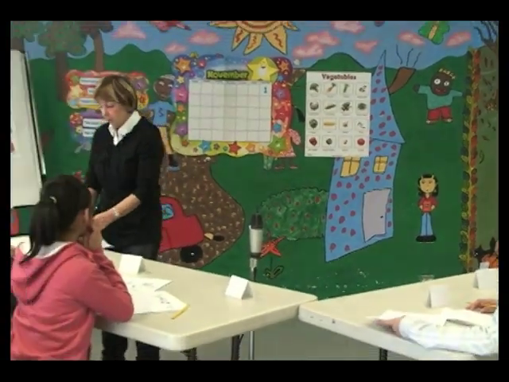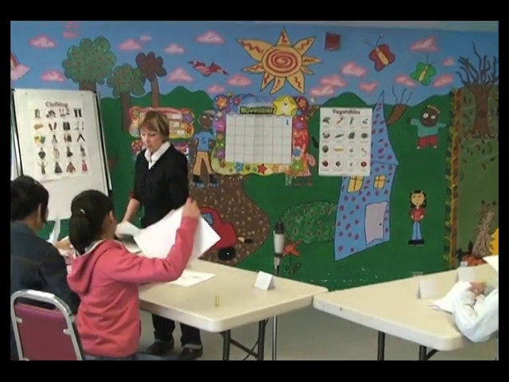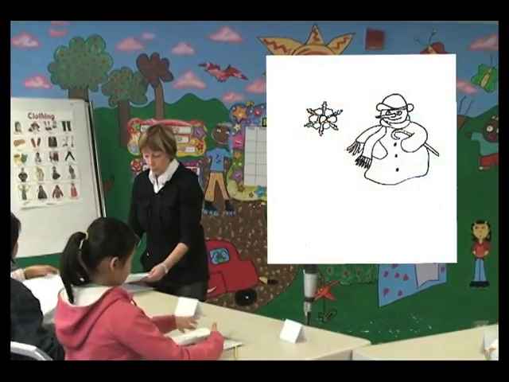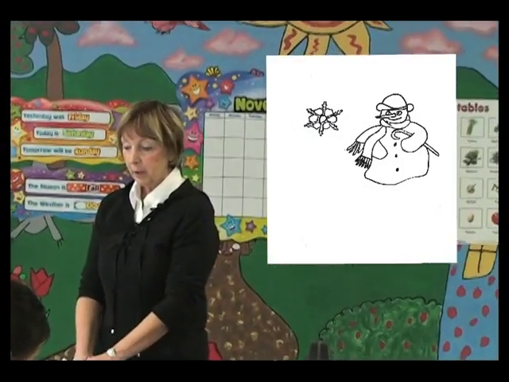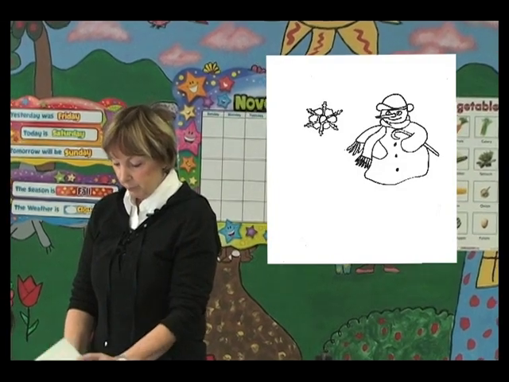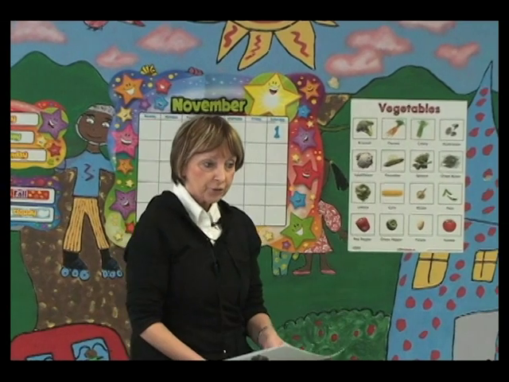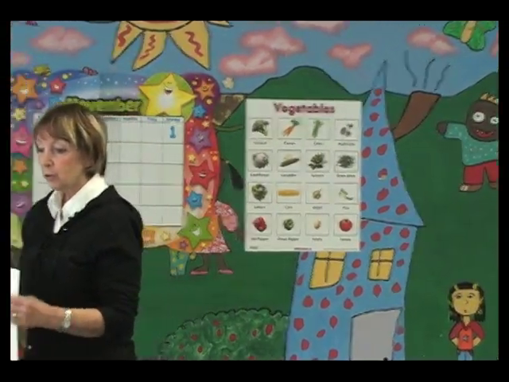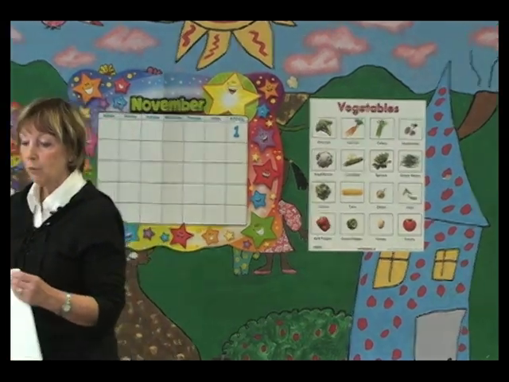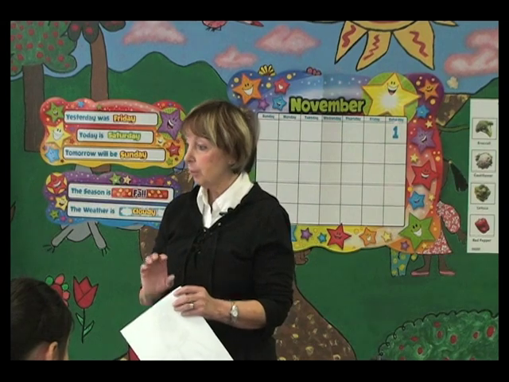All right, boys and girls, our next activity is the booklet with the picture of the snowman. And in this booklet, boys and girls, you are going to write the sentence that shows what the person is wearing on each page.